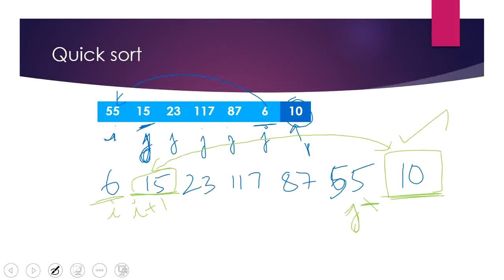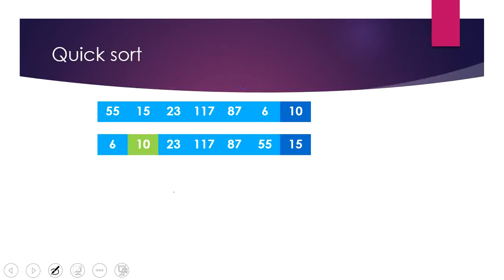So now the array becomes 6, 10, and the 15 that was at the I plus 1 position was shifted to the rightmost cell where our 10 was, and 10 occupied its actual position. So now after one pass, our pivot 10 moved to its actual position. Now our pivot is going to be 15, the rightmost element from the given array.